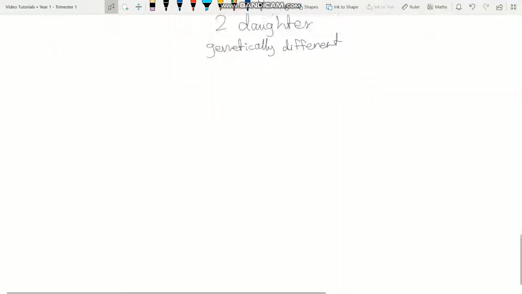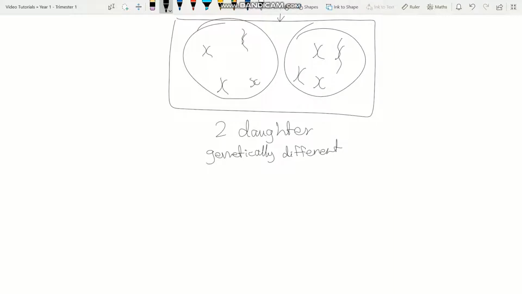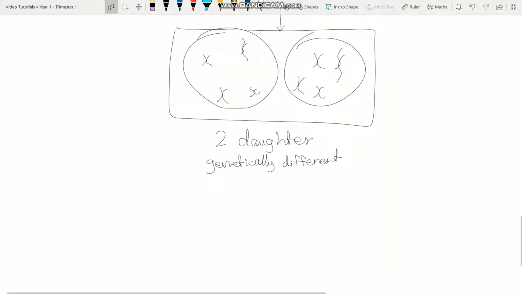So essentially in meiosis 2, the process is identical to mitosis without any genetic duplication.